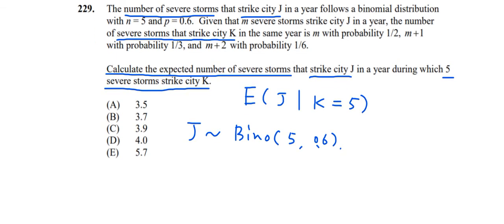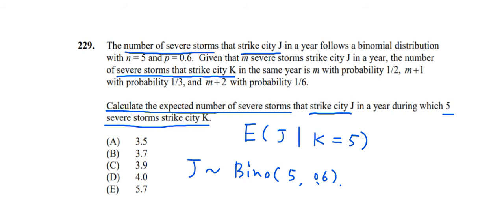If J equals M, then K can be M or M plus 1 or M plus 2, each with probability given. So we know the probability for K given J equals M.